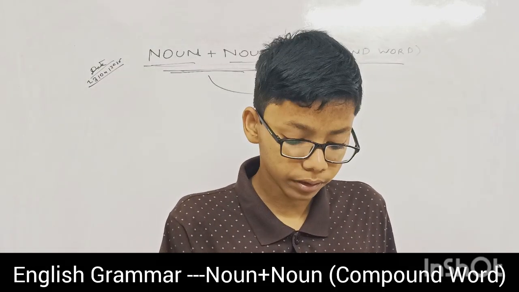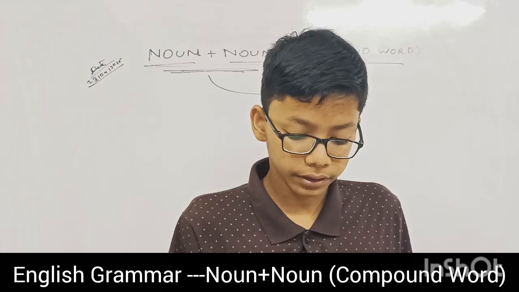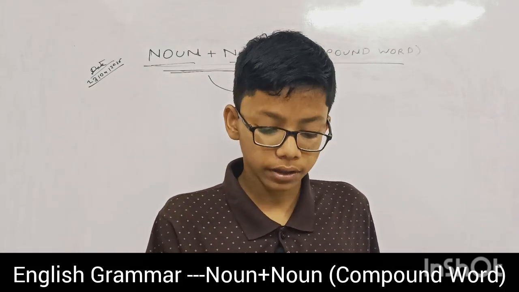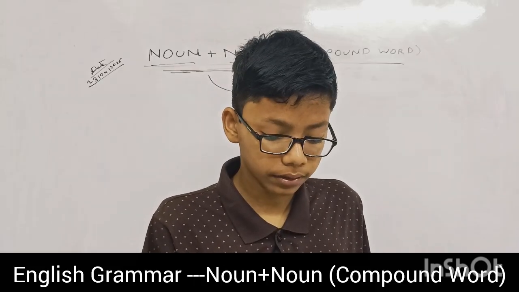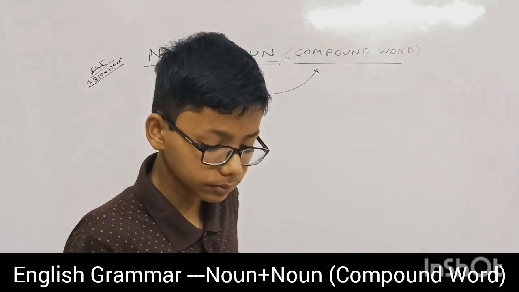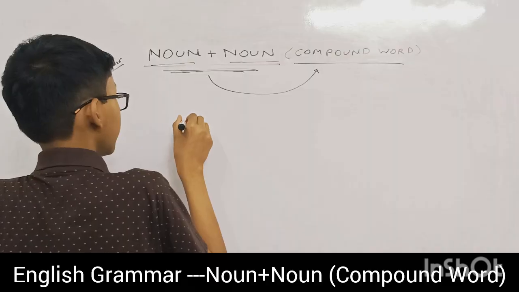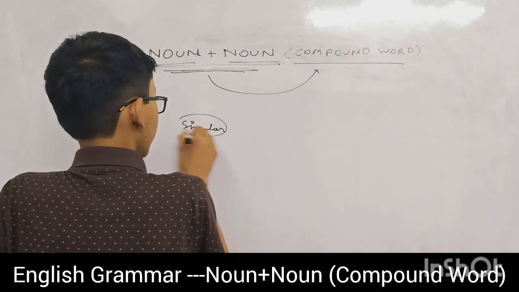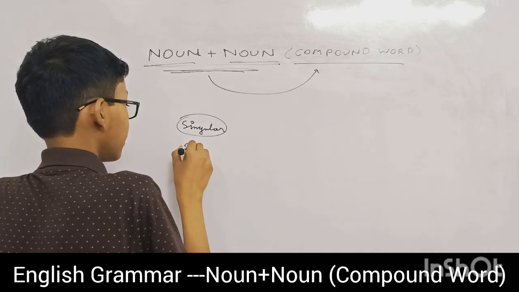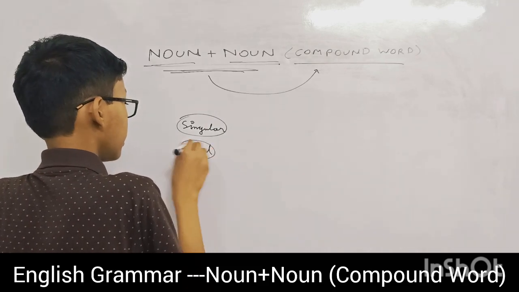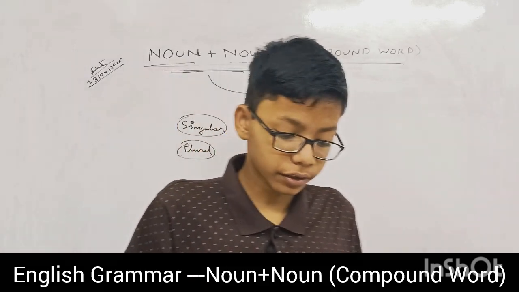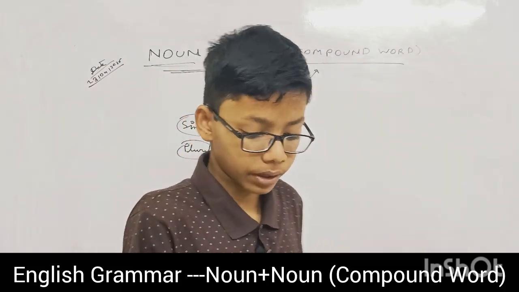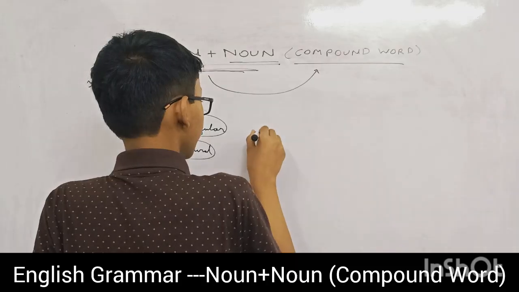Now when we use noun plus noun, the first noun is like an adjective, obviously. We said that before. It's normally singular, but the meaning is often plural. It might appear singular, but it's actually plural in meaning. For example, bookshop.